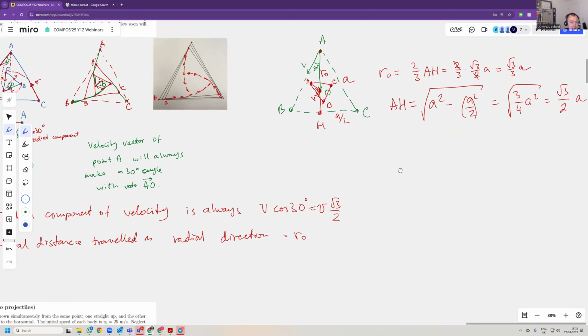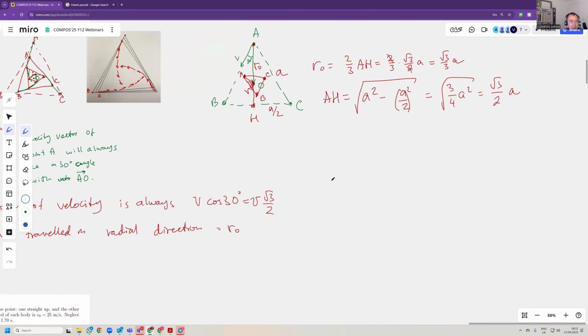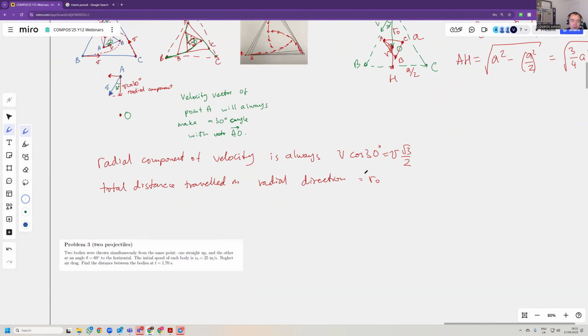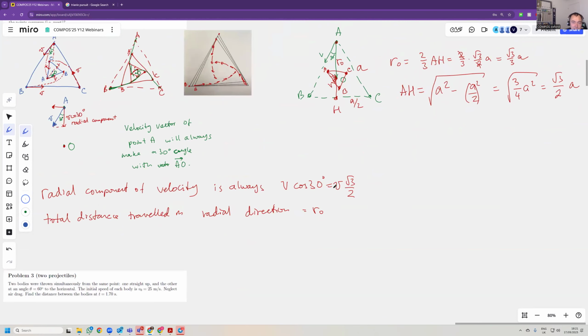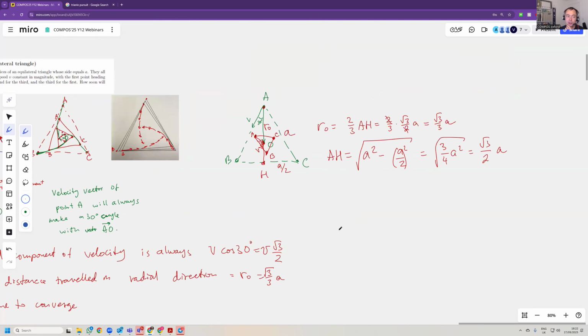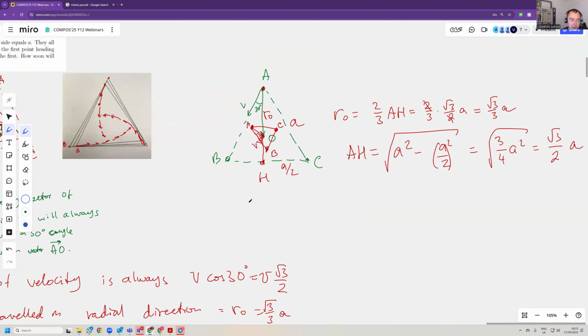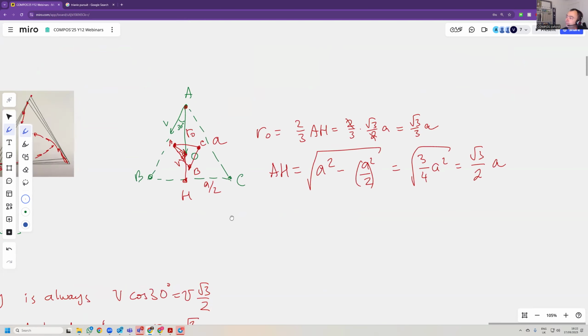Yes, and then we just need to find the time. R0 is square root of 3 over 3 A. The time to converge is how long it will take point A to reach the center. 2/3, because we know that the center of the triangle is 2/3 along the median line.